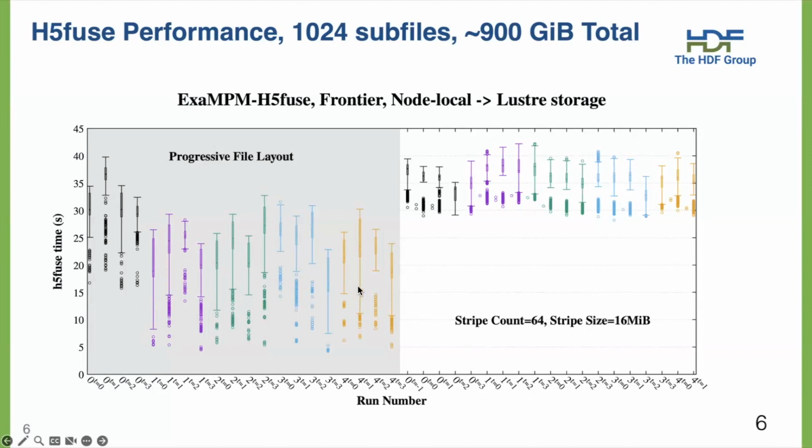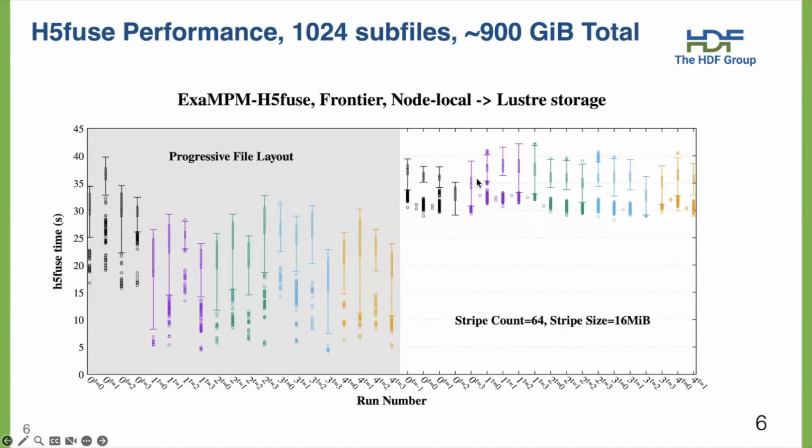I was kind of surprised because currently for Frontier, we're seeing that a single shared file, at least directly from HDF5, does not perform all that well. But if you compare it, normally we've been setting on Frontier the stripe size and stripe count manually and not using progressive.